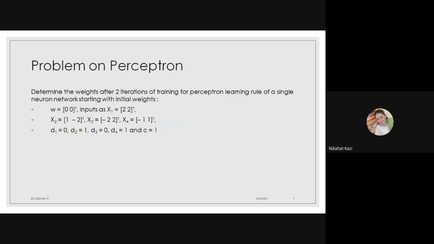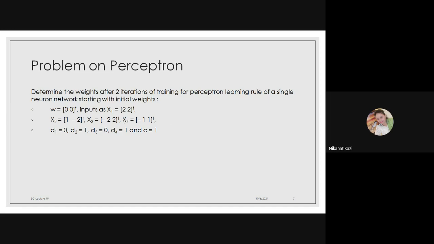So if you have a problem given to you, which you are required to solve using the Perceptron learning rule, and these are the input vectors, you notice here that there is no bias term. There is no bias here because bias is a fixed term at the end.